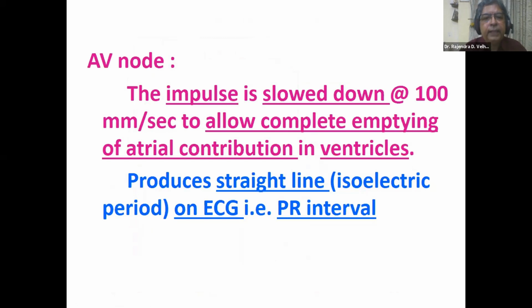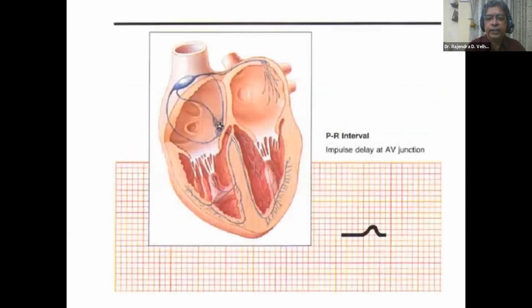Now, this delay in the impulse conduction allows sufficient time for the atria to discharge their blood contents into the ventricles. As a result, there is no electrical activity during this phase of transit of the impulse through the AV node, so it is an isoelectric phase, seen only as a straight line on the ECG.